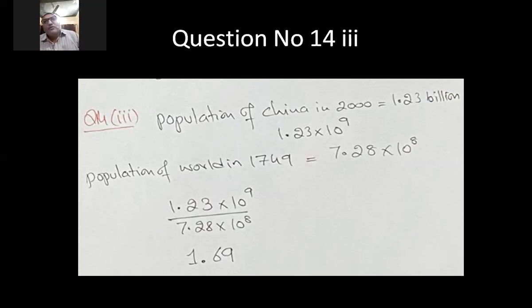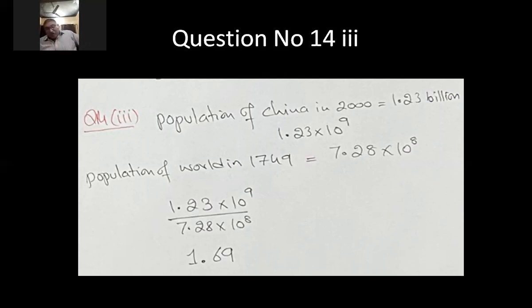So the population of China, it says, given that the population of China in the year 2000 is approximately 1.23 billion, where 1 billion is equal to 10 raised to power 9.